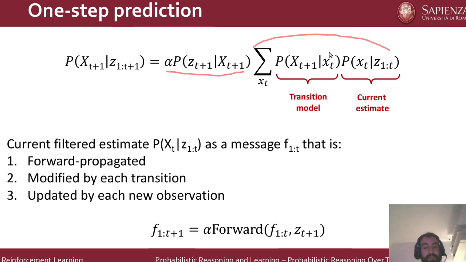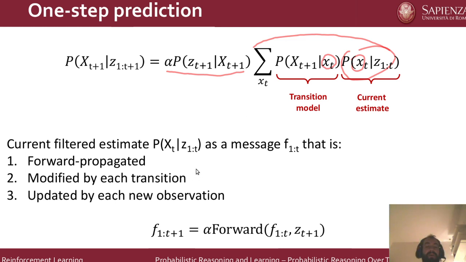So given that we don't know this value here, we are summing over all its possible values, and based on this we're using the transition function to compute the probability of xt plus 1. So this is actually our current estimate, for which we have some probability. We don't know exactly its value, so we are considering all the possibilities that we would have.